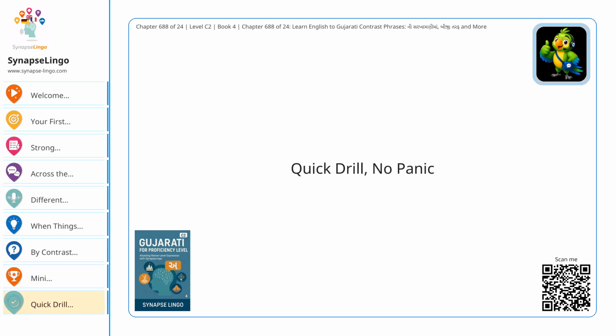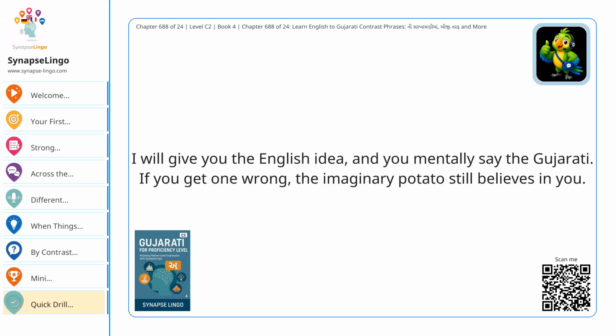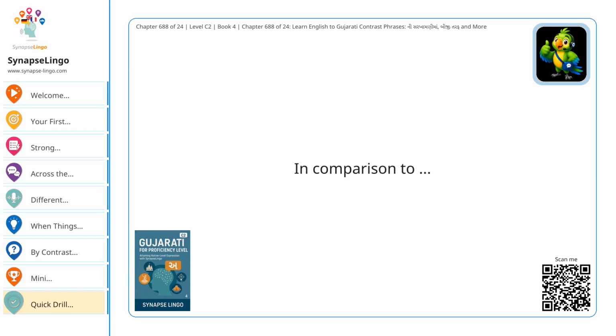Quick drill, no panic. I will give you the English idea and you mentally say the Gujarati. If you get one wrong, the imaginary potato still believes in you. In comparison to. ની સરખામણીમાં. In contrast to. ની વિપરીત. In contrast to. થી વિપરીત.